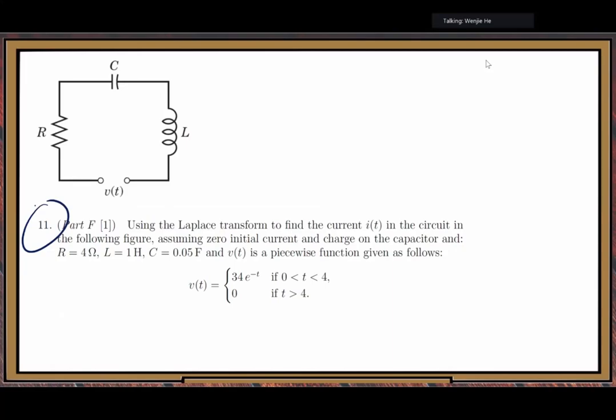All right. In this one, everything is normal, but here, 0 initial current and charge. The question: how to use it correctly?